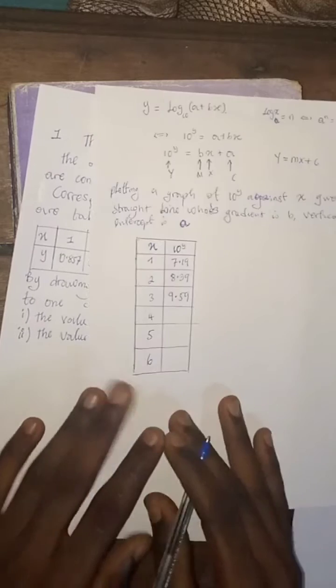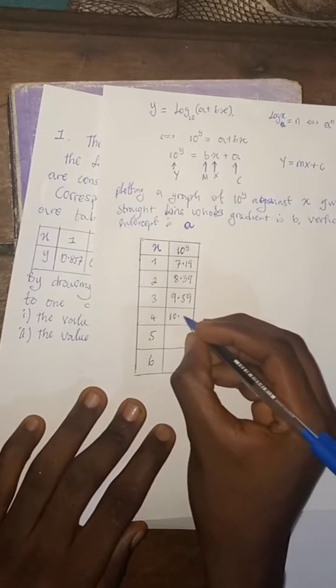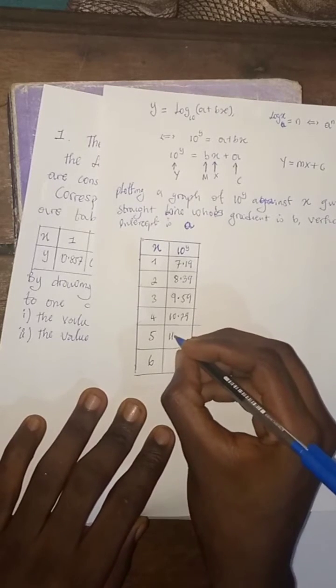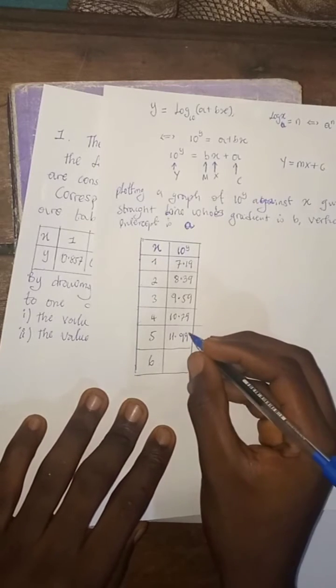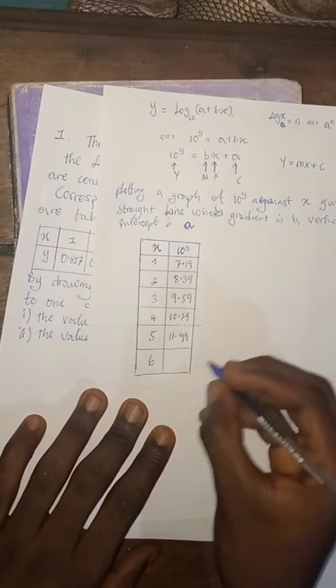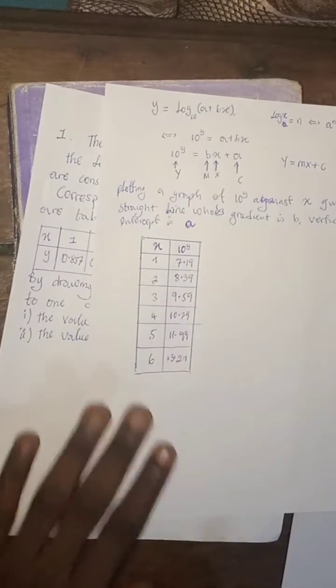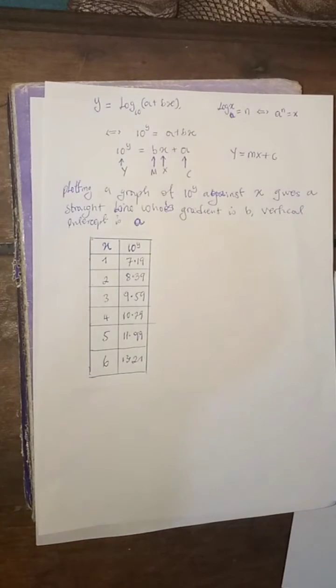You continue the list, I'm going to have 10.79, 11.99, and finally 13.21. So that is the new table of values we have gotten.